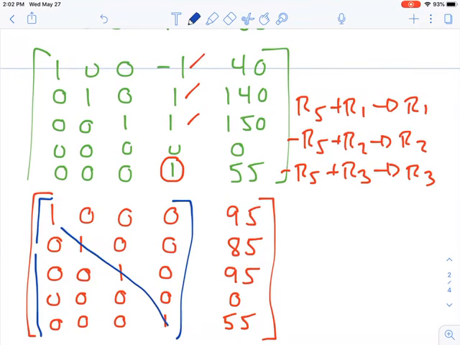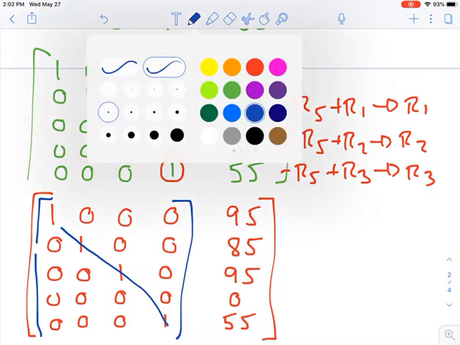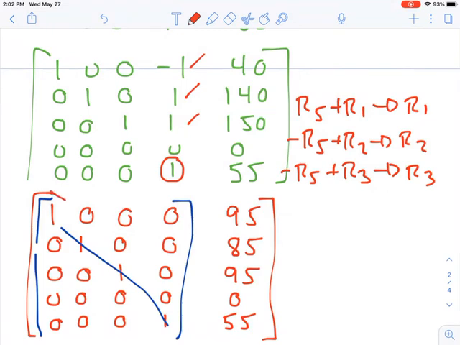So remember that this is my X column, my Y column, my Z column, and my W column. So what this tells me is I have 1X equals 95.